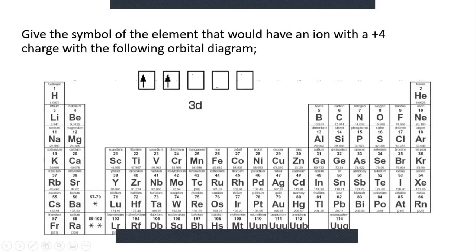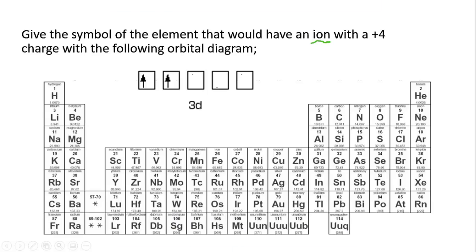Here we have this orbital diagram of an ion with a +4 charge, and we want to identify what the ion is. What's the identity of the element that would have this +4 charge? We're given that the ion, some element X with a +4 charge, has this electron configuration.